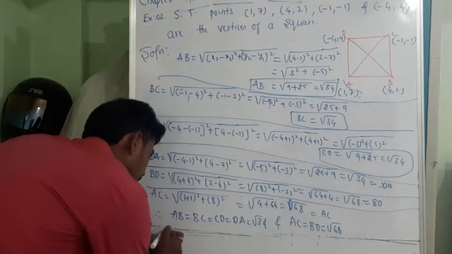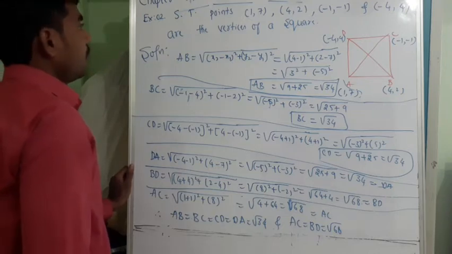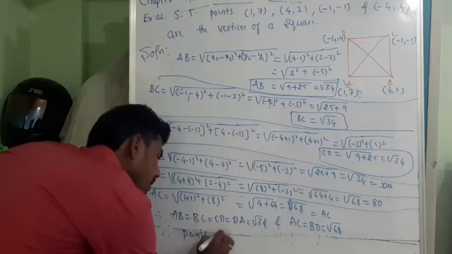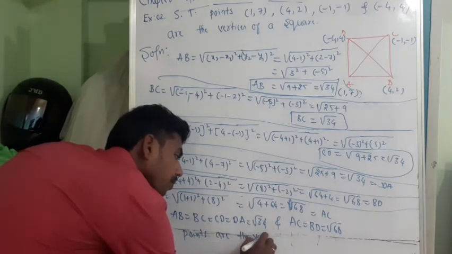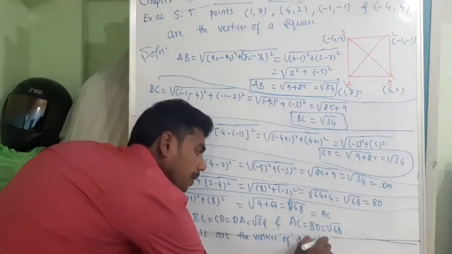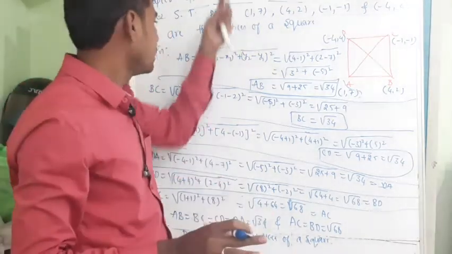Therefore, the points are the vertices of a square. That's it.